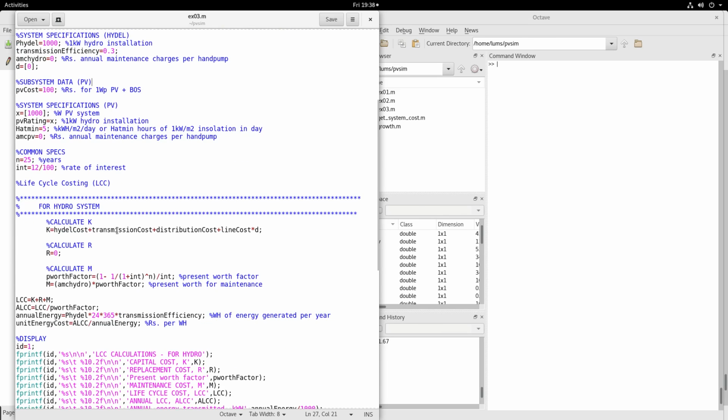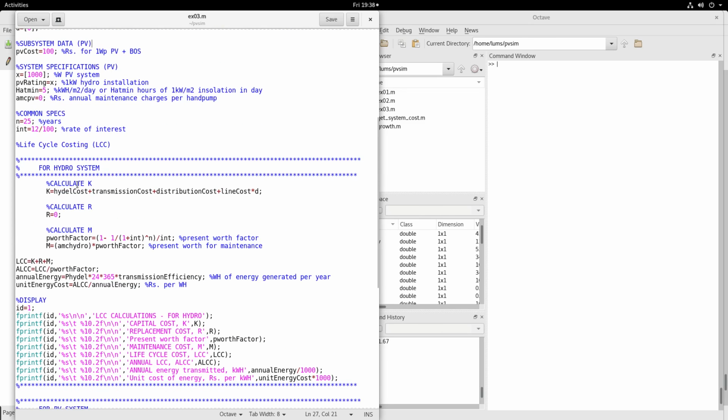Then you do the LCC costing. First, for the hydro system, calculate K or M in this fashion. Of course, M and R will turn out to be 0 because we have taken them as 0. Find out LCC, find out ALCC, then the annual energy just like we calculated. This will give it in watt hours, and the unit energy cost is ALCC by annual energy, rupees per watt hour. You can convert it to kilowatt hour, as I have displayed here, by dividing by 1000, multiplying by 1000.